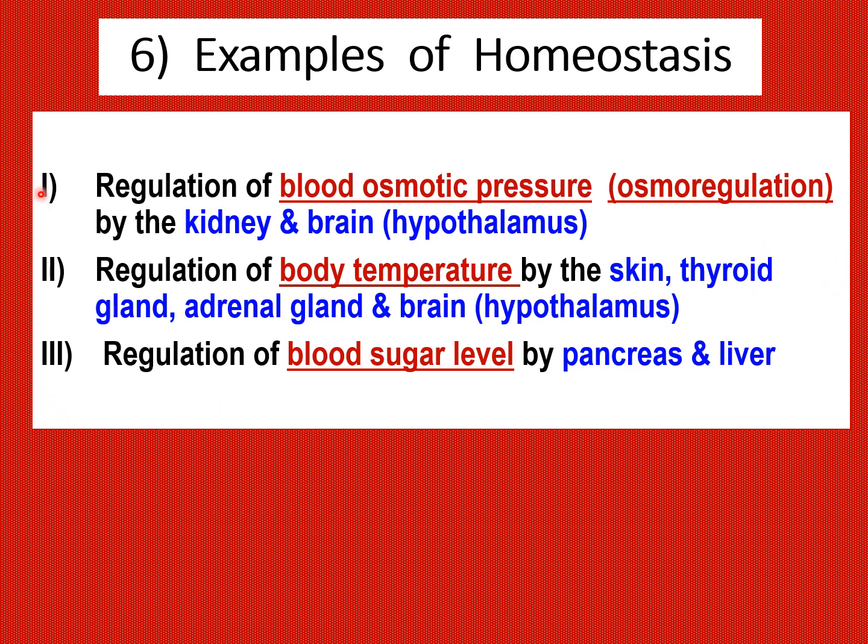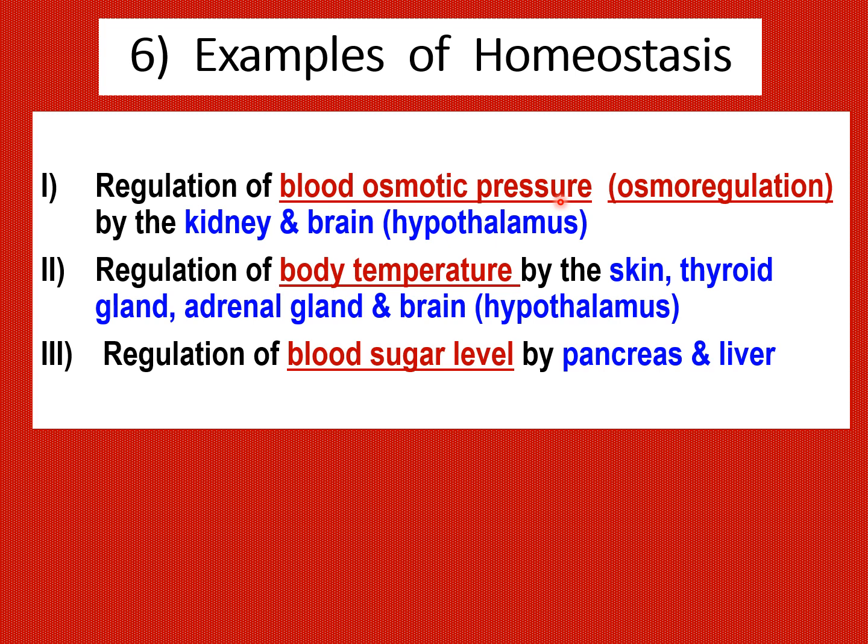So today we are going to study one example of homeostasis. Let's look at the 3 examples that you have to study for this syllabus. The first one is regulation of blood osmotic pressure. Blood osmotic pressure depends on the water and salt content in the internal environment.